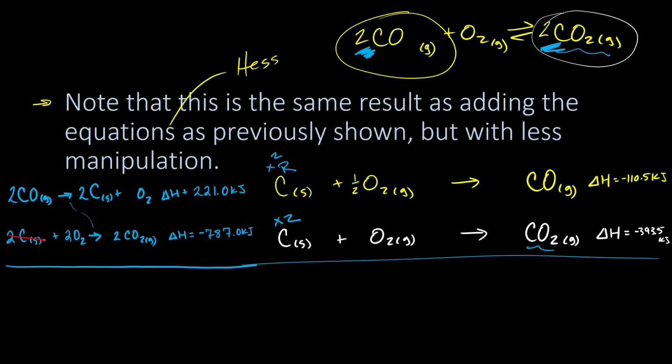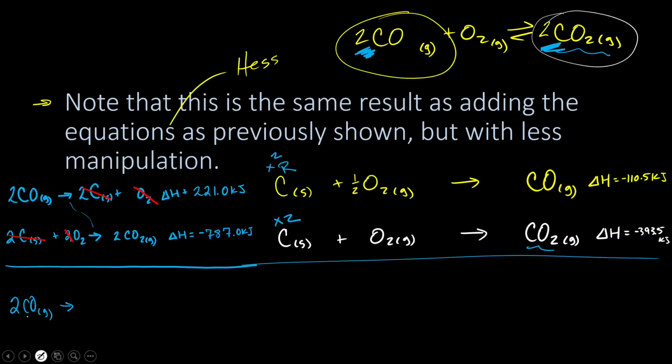So with Hess's law, I now would proceed to cancel everything out that I can. So 2 carbon solids are gone. Oxygen here cancels, reduces it down to 1, and everything else is as is. So when I bring it down, I have 2 carbon monoxides making, oh, pardon me.